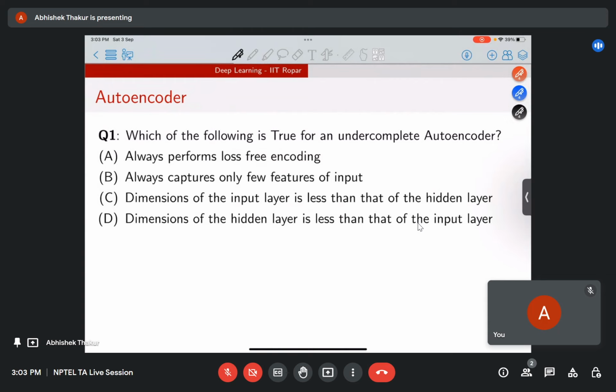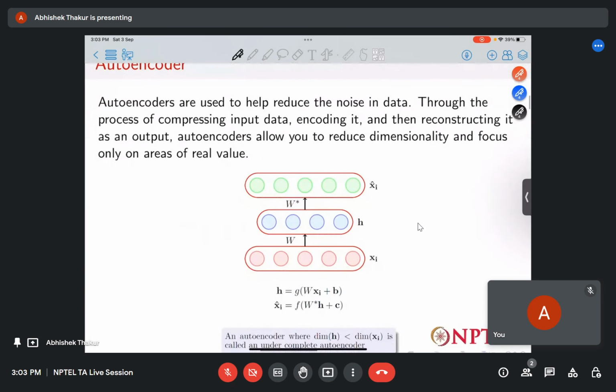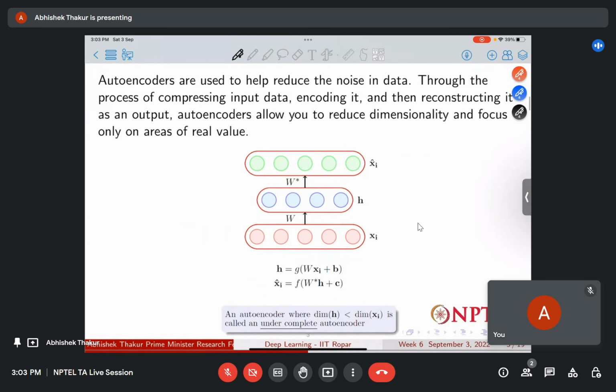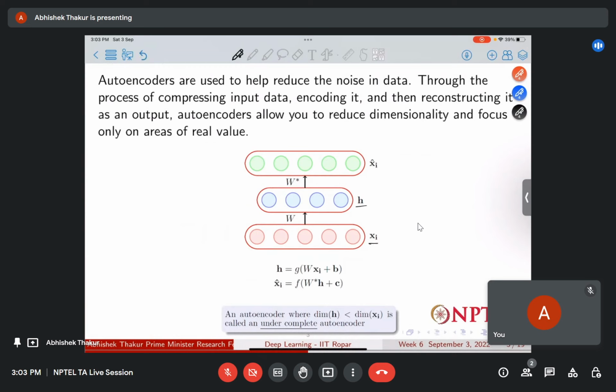First of all, we'll understand what an undercomplete autoencoder is. Before that, we will see the block diagram here. In autoencoders, xi is the input, h is the hidden layer, and xi hat is the estimate of the input.